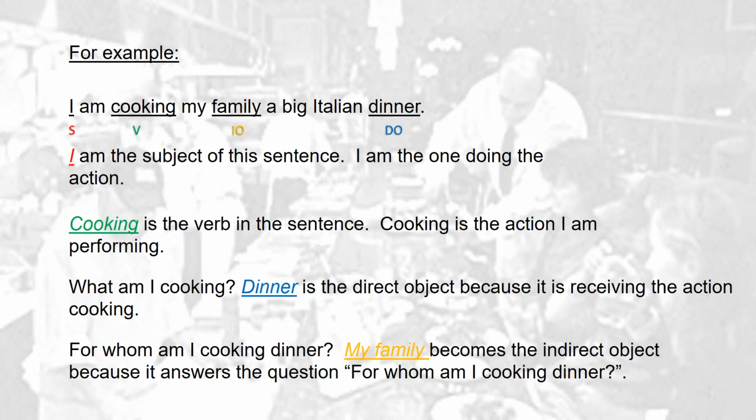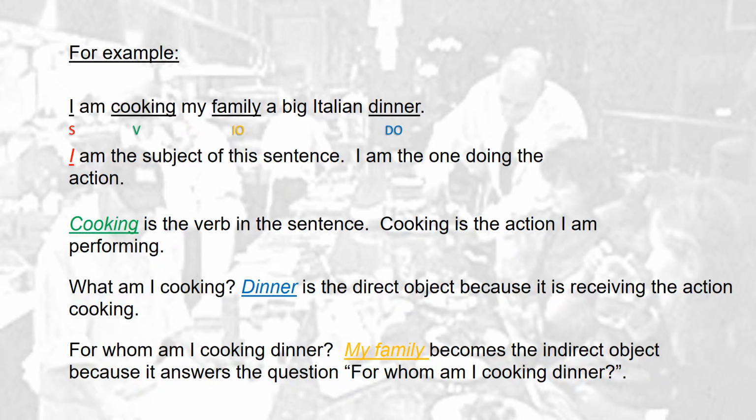That's the other question we can ask ourselves to figure out what the indirect object is. I'm cooking dinner for whom? Well, for my family. That's who I'm cooking dinner for. So, in this case, I am cooking my family a big Italian dinner. I am cooking dinner for my family. Big and Italian in this case are also adjectives that are describing dinner. They're not nouns, and it's another part of speech that we're not concerned with at this point in time.